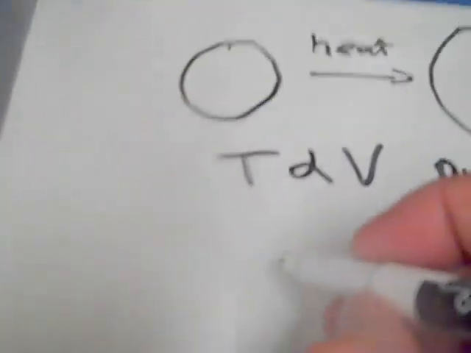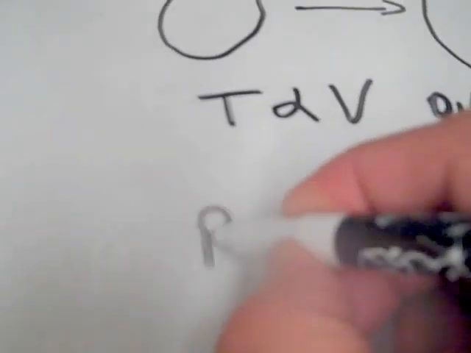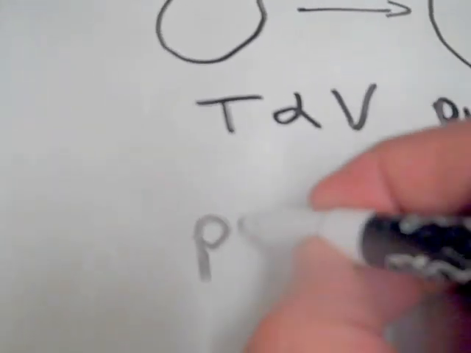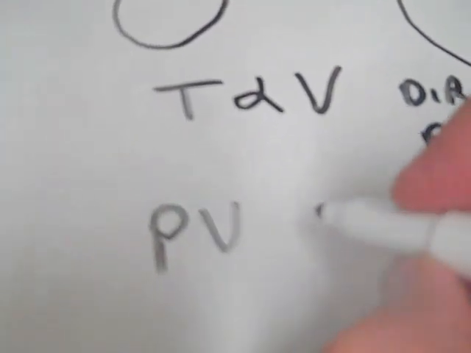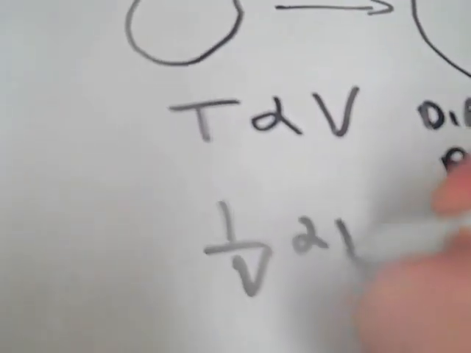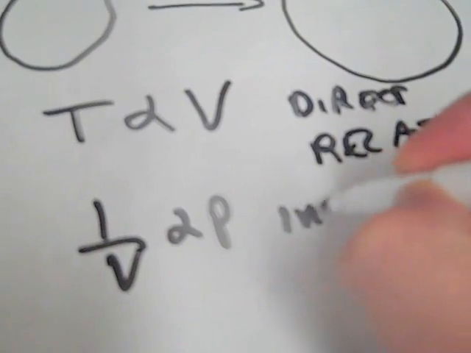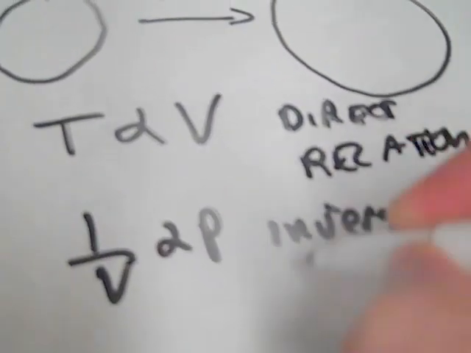Now, in the other case, where we had PV, we had this inverse relationship right here. This is known as an inverse relationship.